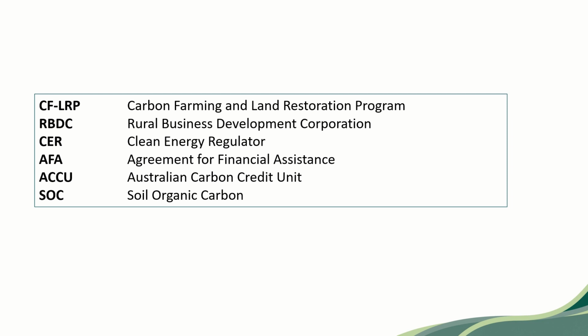made. In terms of aggregated projects, if you are considering submitting an application that includes other proponents, effectively combining smaller projects into one large project, please reach out to the carbon farming team to discuss your options and for some additional guidance.